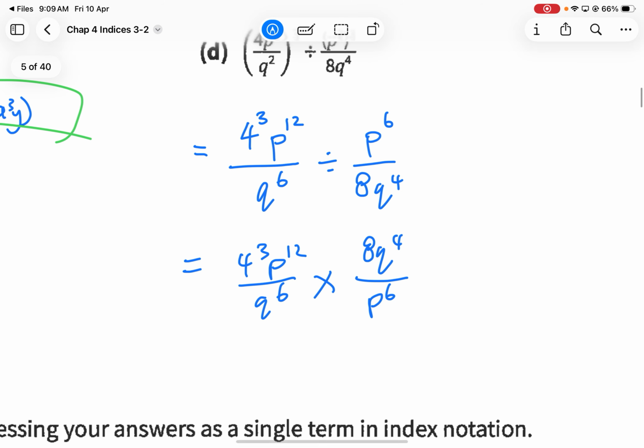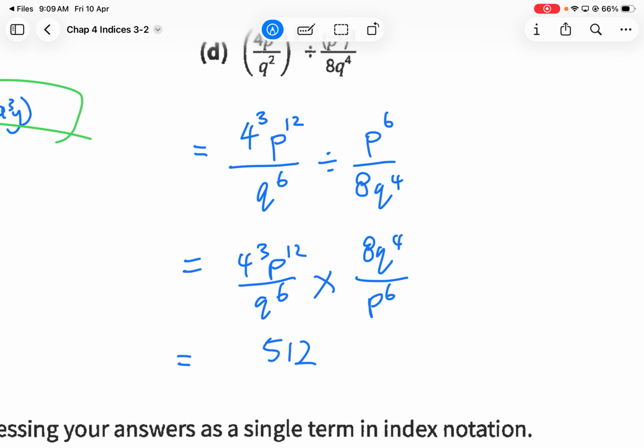Then numbers that I can cancel, I cancel. Numbers that I cannot cancel, I multiply. So 4 to the power of 3, 64. 64 times 8, 512.